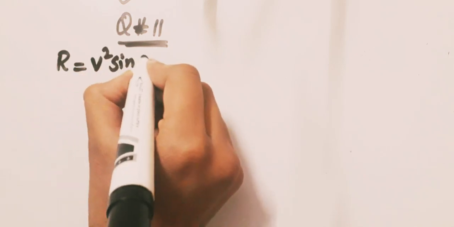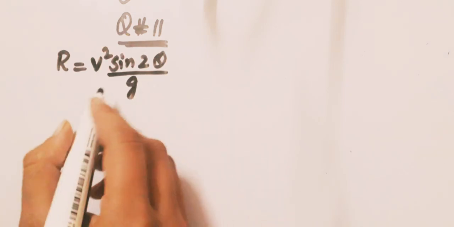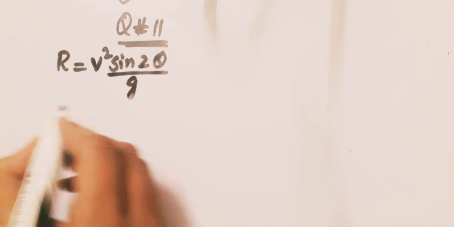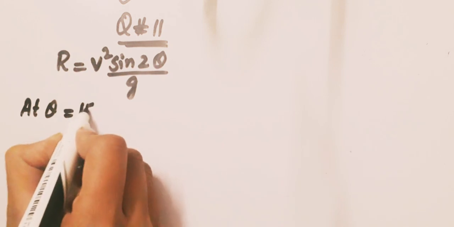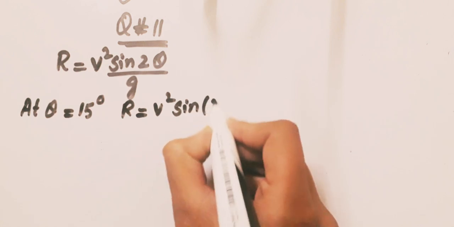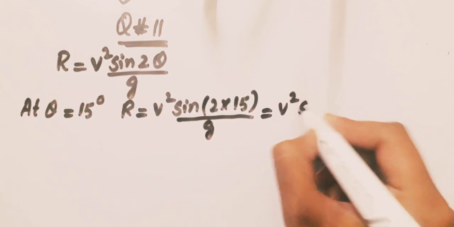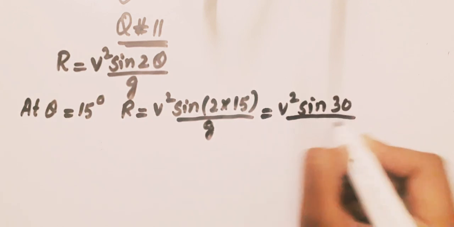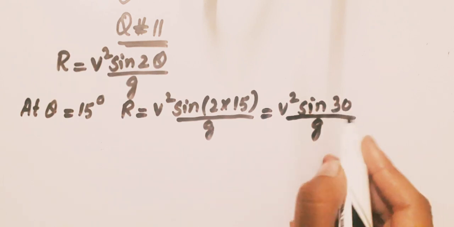You have R is equal to V square sine 2 theta by G. So first of all, at theta is equal to 15 degree, R is equal to V square sine 2 into 15 by G. So this is equal to V square sine 30 by G. So by table we have sine 30 is equal to 1 by 2.